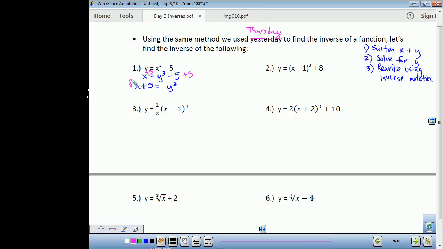So I take the cube root of both sides. Now I have the cube root of x plus 5 is the inverse of y. That little negative 1 is my inverse notation. That's what I change it to at the end when I'm done.